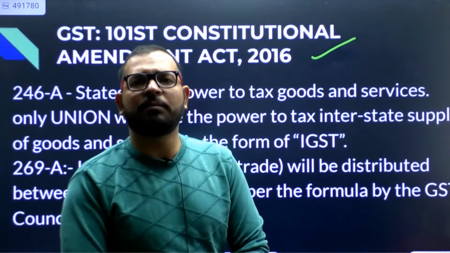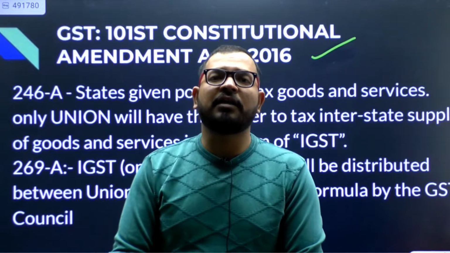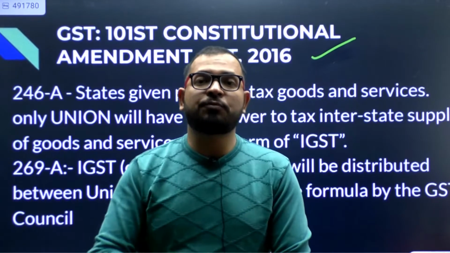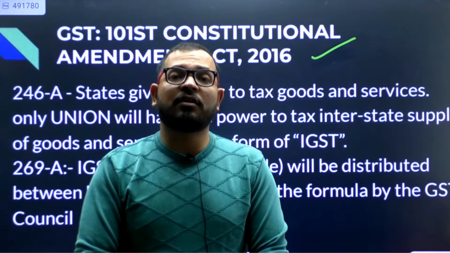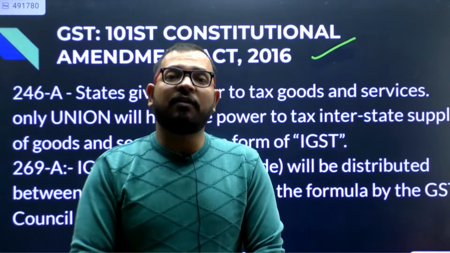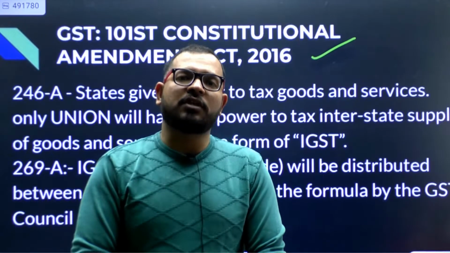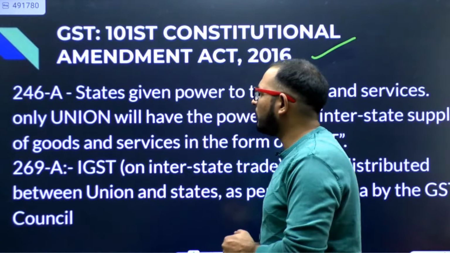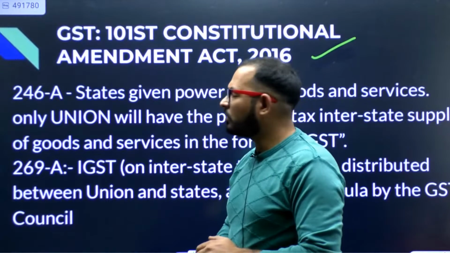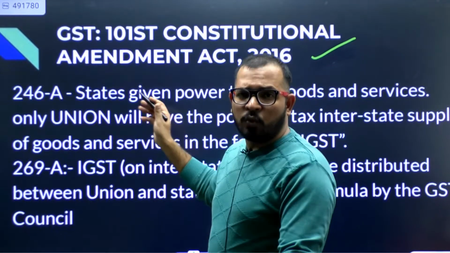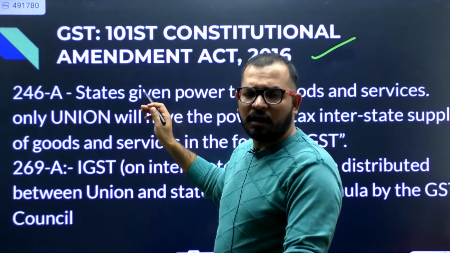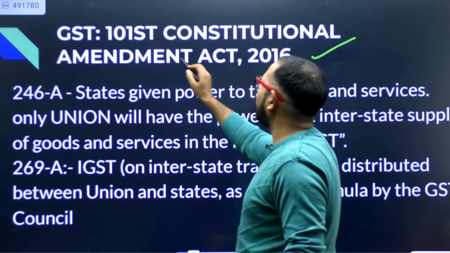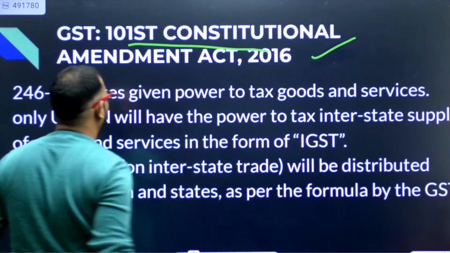One is by the simple majority, the second is by the special majority, and a special majority with ratification of half of the states. The simple majority is different, actually it is not under 368. And please do read how Constitutional Amendment Acts are made. So let's understand about the 101st Constitutional Amendment Act.